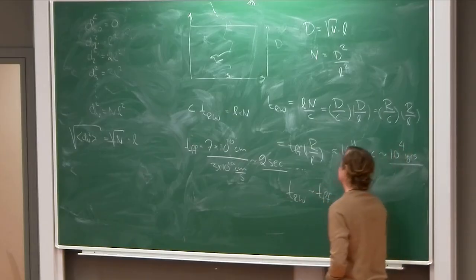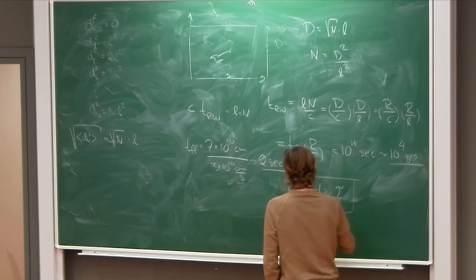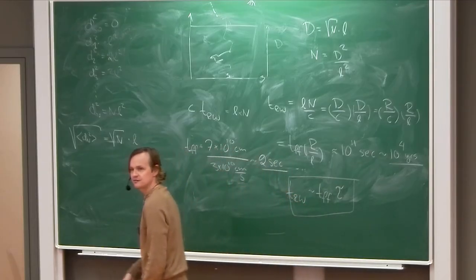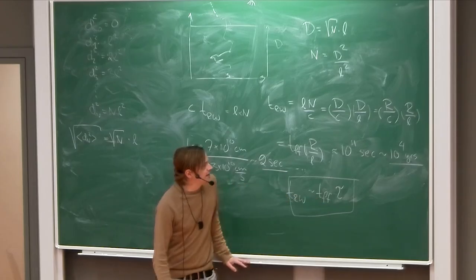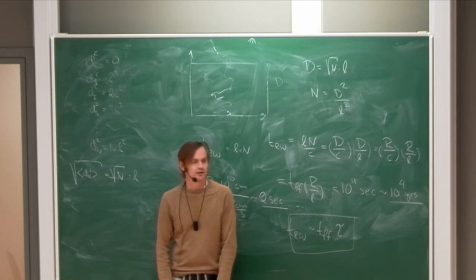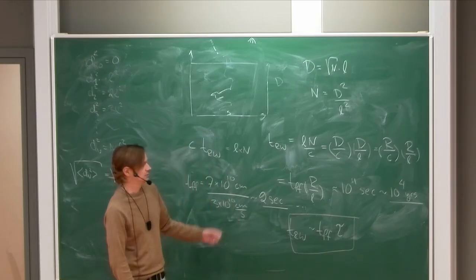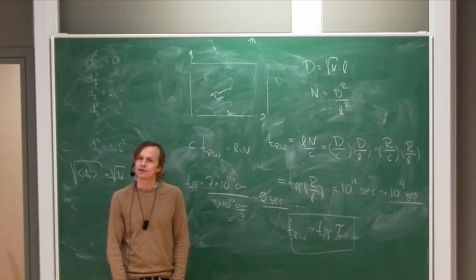Go back a few minutes, and then you see that this is on the order of the free flight time times the optical depth of the system. So in other words, we can estimate the optical depth of the sun to be 10 to the 11. And that's a pretty opaque medium indeed.